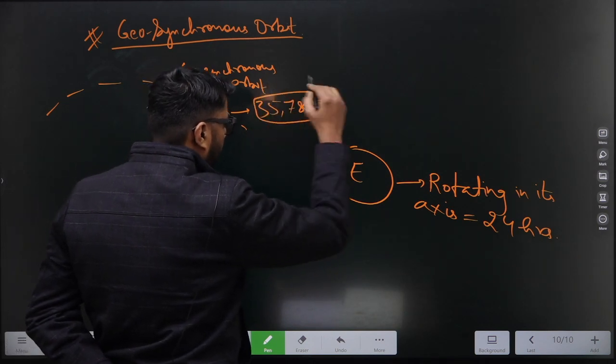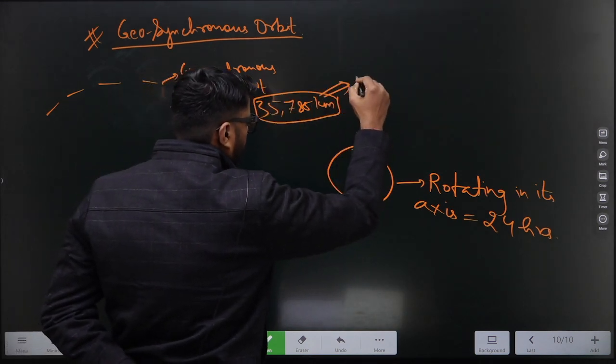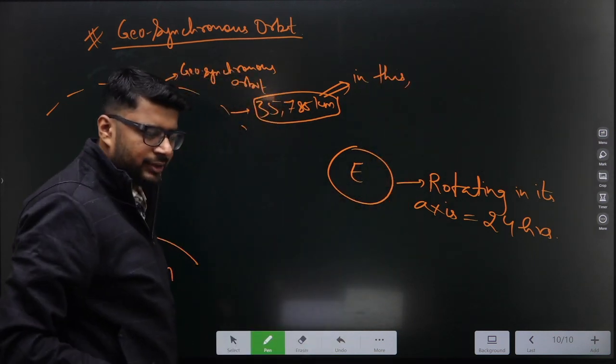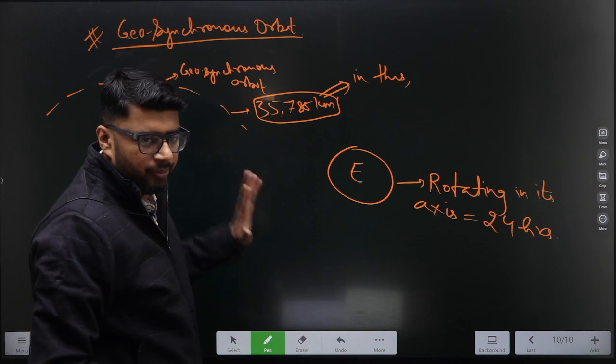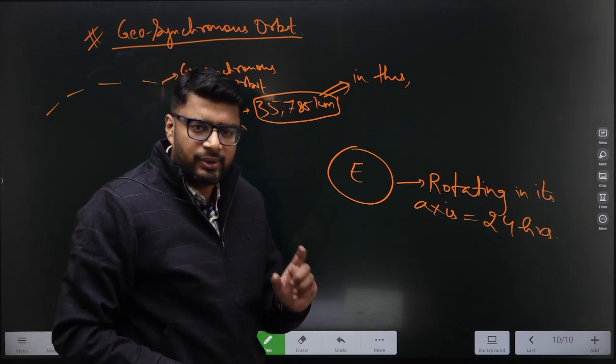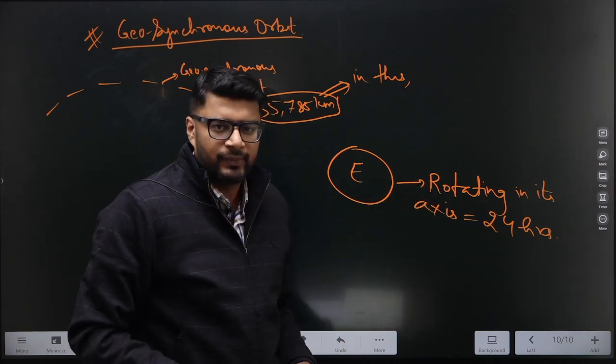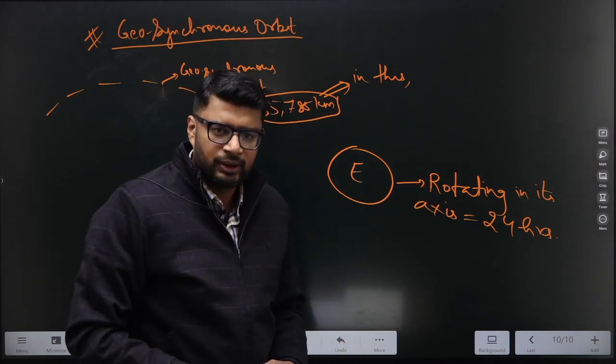In this orbit, if we launch a satellite and put it on this orbit, it takes the same time as the Earth's rotation, that is 24 hours.